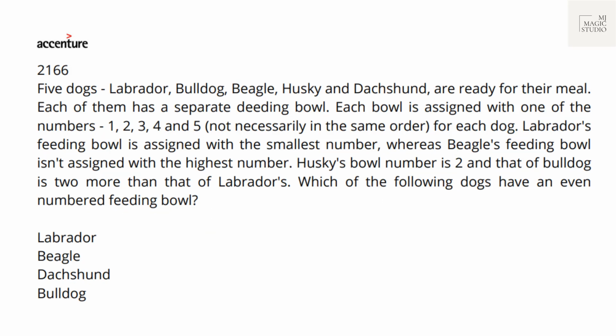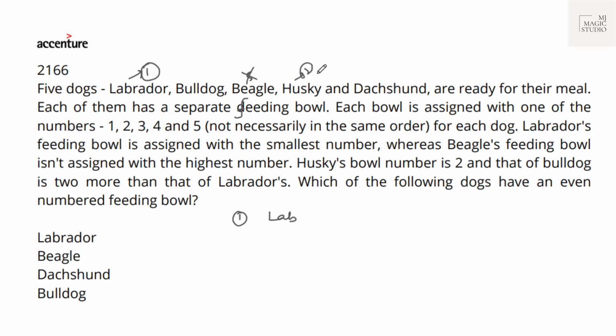Okay, another small caselet, and I think 2 questions are attached with this caselet. Let's see the first one. 5 dogs are ready for the meal. Each of them has a separate feeding bowl. Each bowl is assigned one of the numbers 1, 2, 3, 4, 5, not necessarily in the same order. Labrador's feeding bowl is assigned the smallest number, that is 1. Beagle's feeding bowl isn't assigned the highest number, so it is not 5.